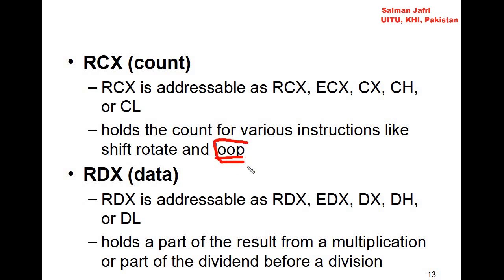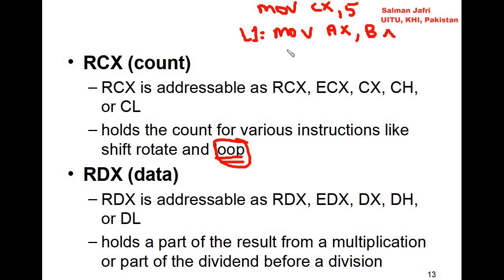So loop is a very important instruction that can be used. For example, we can have something like MOV CX, 5, and then we can have a label, and the label can have the instruction MOV AX, BX, and then we can carry out LOOP L1.